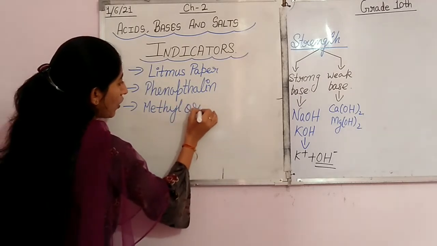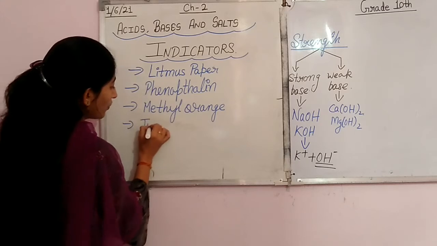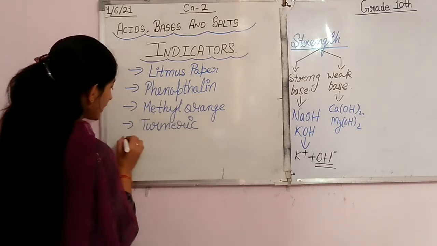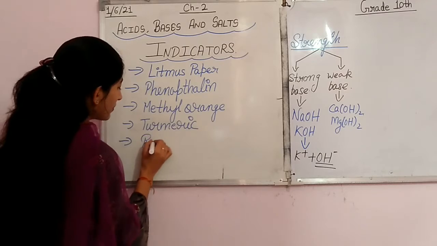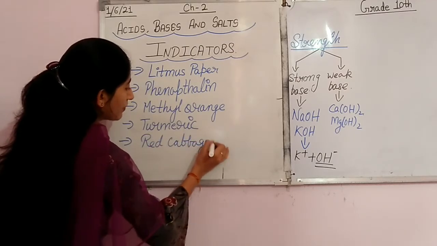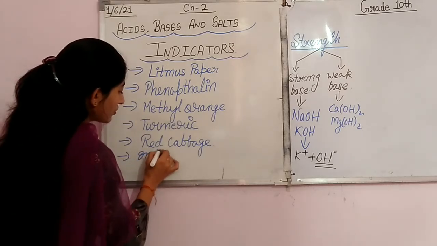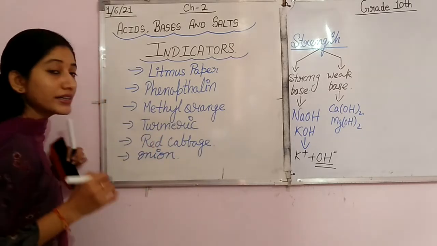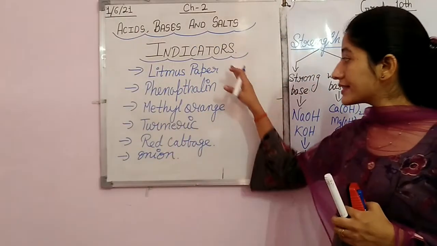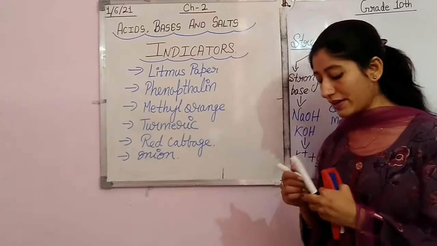Then we have turmeric. Then we have red cabbage, and onion, and many others. Okay, so these are the indicators which give us the idea about the acids and bases by changing their color.